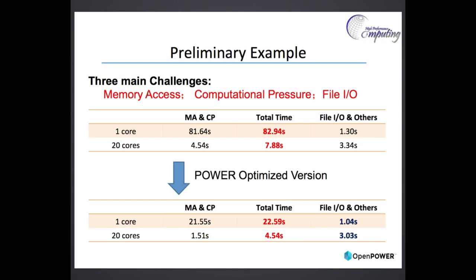Through the experimental result, we could find out that when we use one core of POWER8, the memory access pressure and computational pressure are the bottleneck of the program. However, when we use 20 cores or even more cores of the POWER8 processor, the field I/O and other stuff would be the main bottleneck, as we can see here.